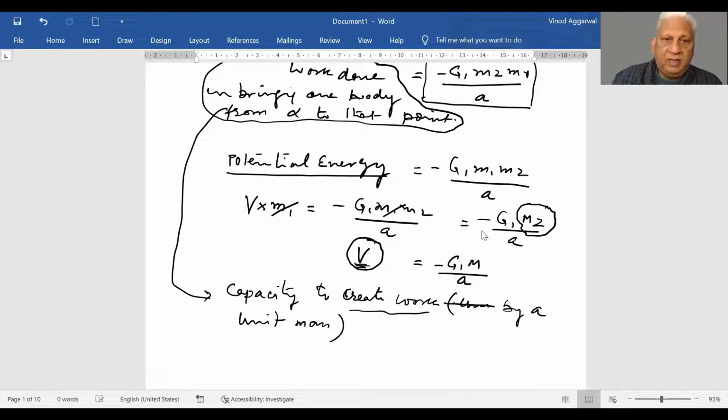If we multiply this by mass, what we get is potential energy, the total potential energy. But if we talk about potential, it is the potential energy possessed by a unit mass, right?